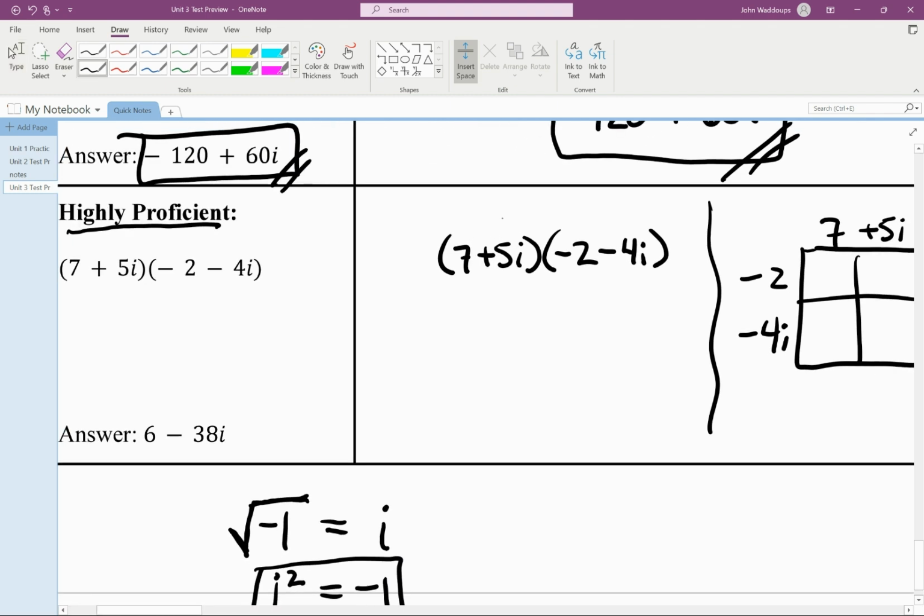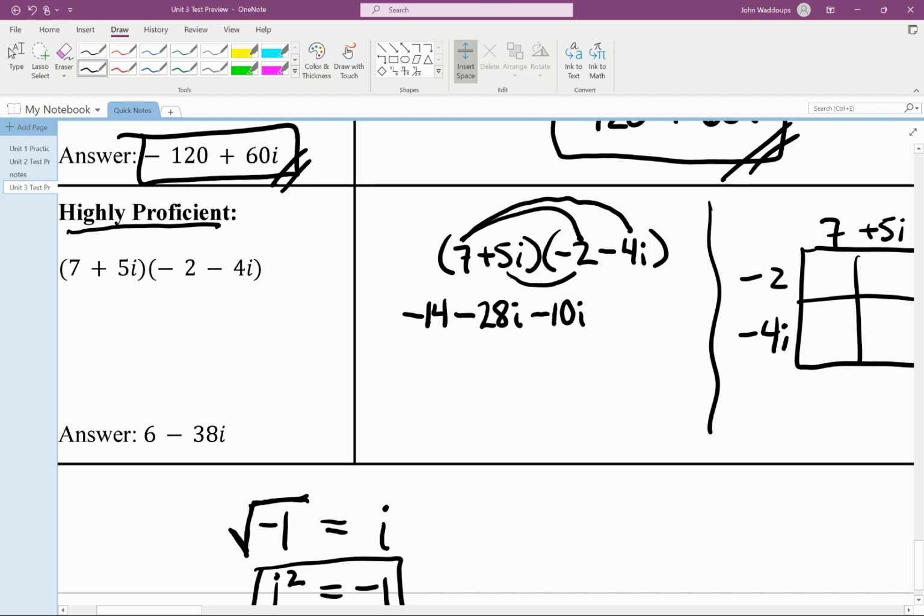So 7 times -2 is -14, and 7 times -4i would be a positive times a negative, -28i. And then I multiply by 5i as well with each of these. So 5i times -2 would be -10i.